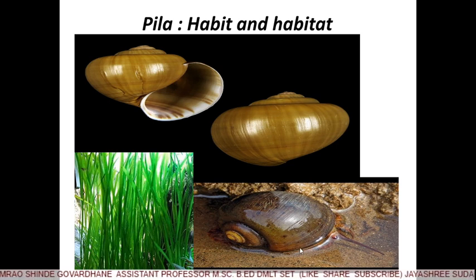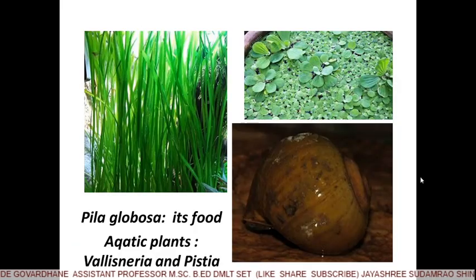See here, in water you can see the Pila. See Pila globosa, its food, aquatic plants. This is Pila globosa, its shell. This is Vallisneria vegetation, and this is the Pistia. These both are aquatic plants.